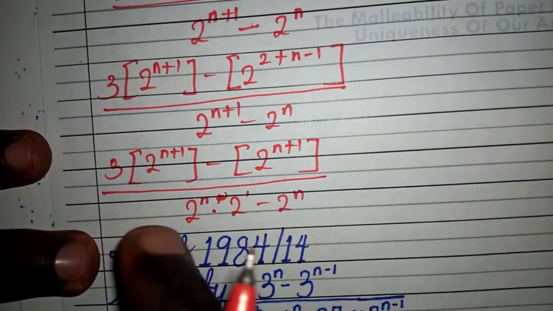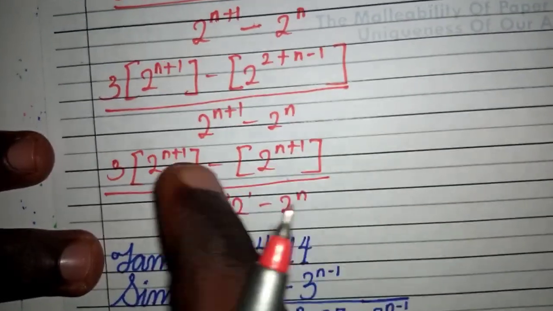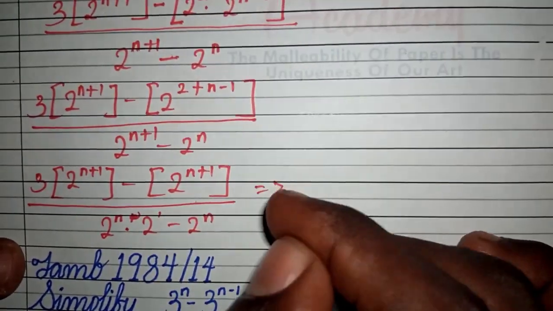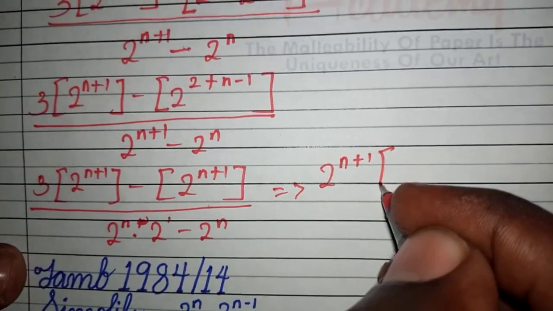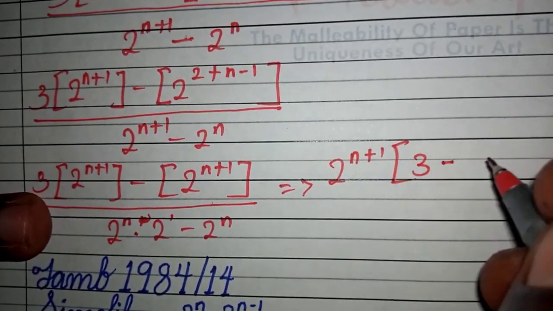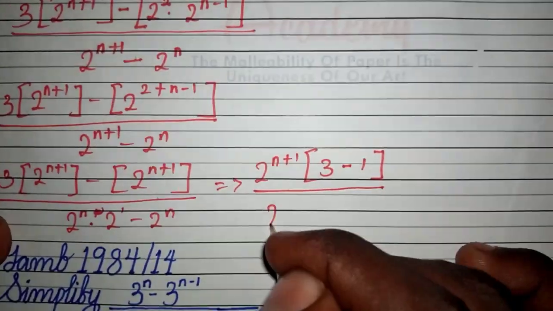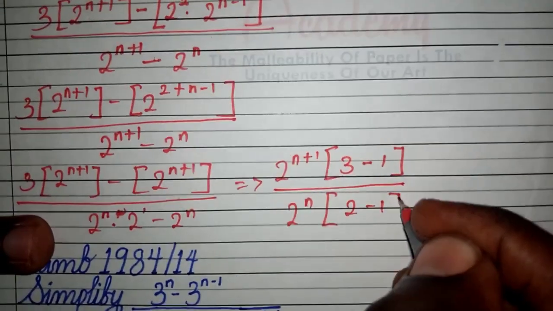I did this so that I'll be able to factorize out 2 to power of n here, and I'll be able to factorize out 2 to power of n plus 1 here. Hence, I will have 2 to power of n plus 1 into 3 minus 1 divided by 2 to power of n into 2 minus 1.